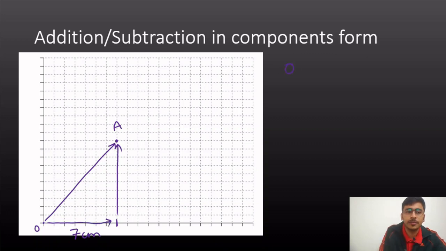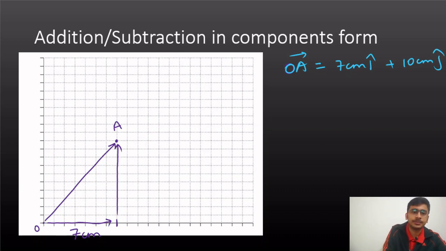So I can write OA vector to be 7 centimeters I cap plus 10 centimeters J cap, correct? Write down here this 10 centimeters in J cap. What will happen if I draw another vector? Let's say I have another point B over here. So this will be our OB vector.